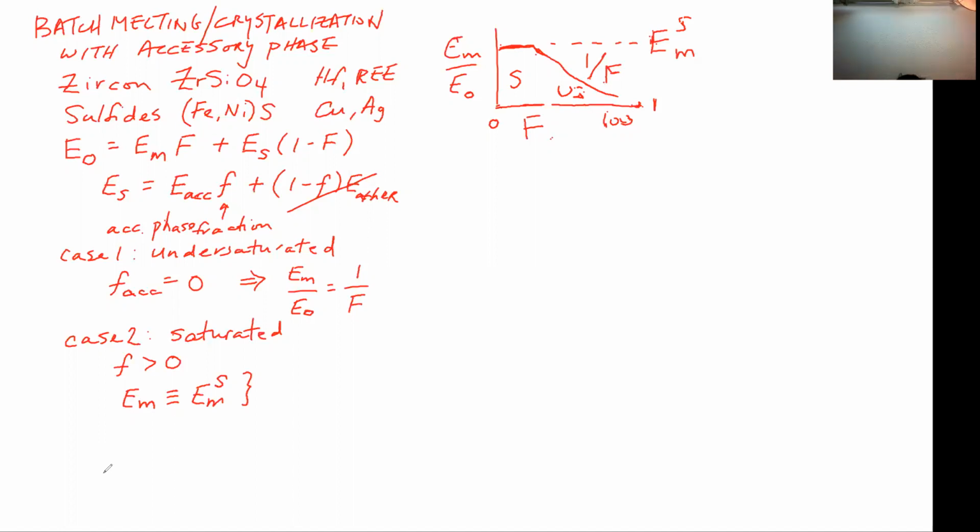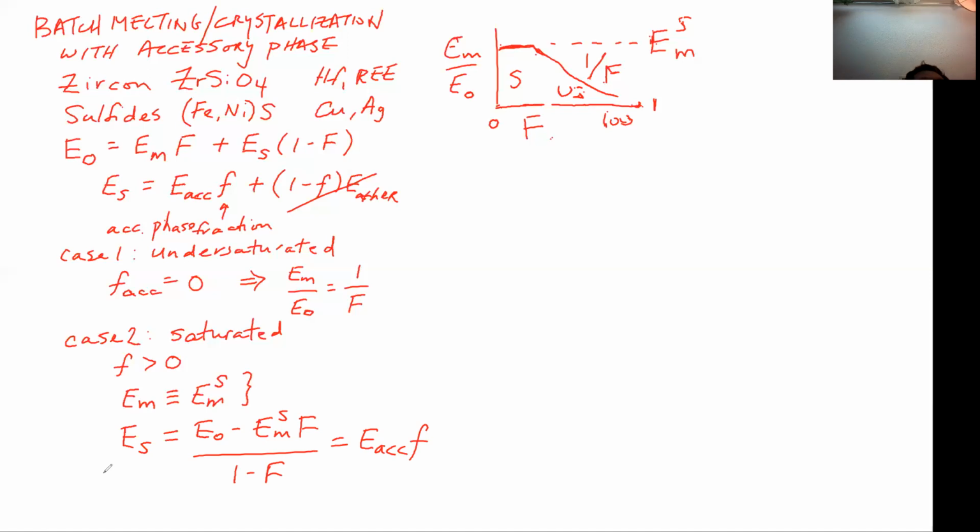Now the interesting thing is in this saturated state, if we substitute these equations to combine them together, you end up with an equation describing the concentration of the essential structural element in the average solid, which would be Em S F over 1 minus F, and this, of course, would be E ACC times the little f.